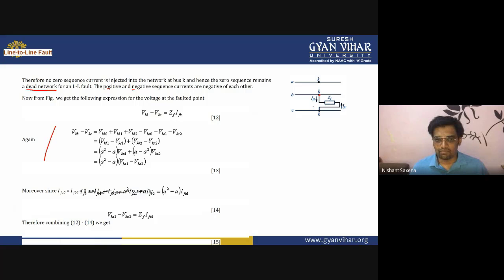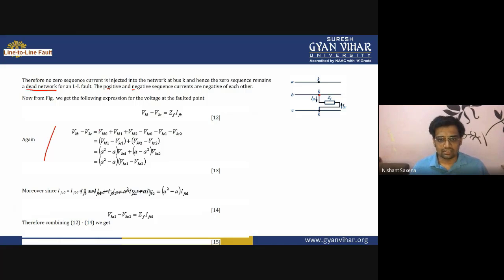When I substitute the values for these equations, I get VKB minus VKC equal to VKB0 plus VKB1 plus VKB2, where 0, 1, 2 are the zero sequence, positive sequence and negative sequence voltages for phase B. Similarly, I have written this for phase C, which is VKC0, VKC1 and VKC2. So when I substitute these values, that is VKB1 minus VKC1 plus VKB2 minus VKC2.